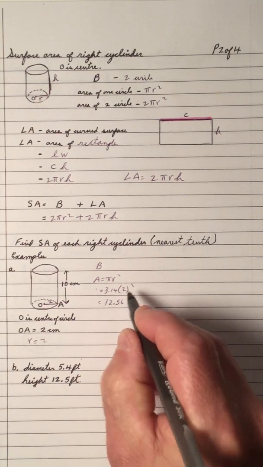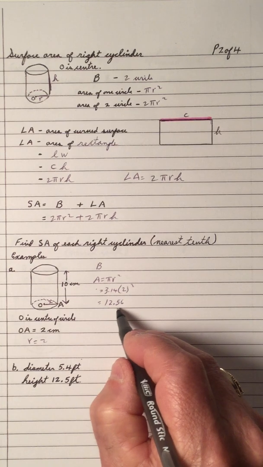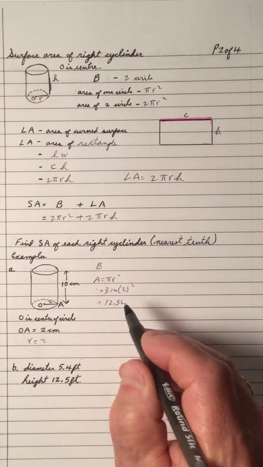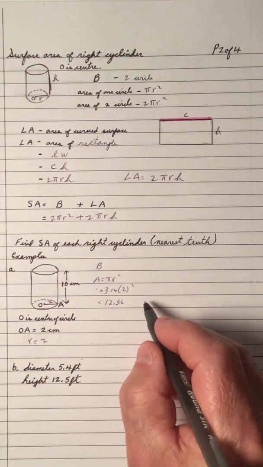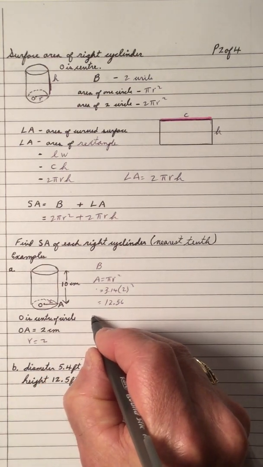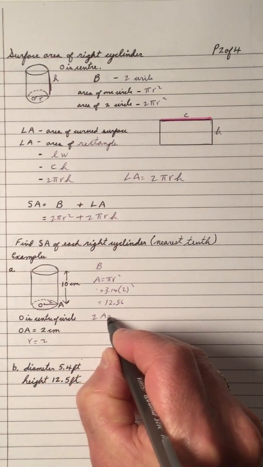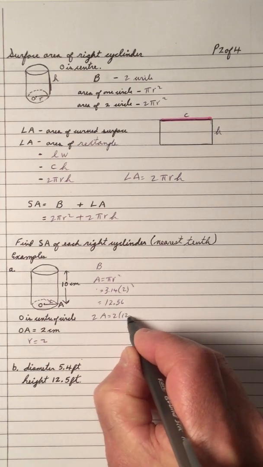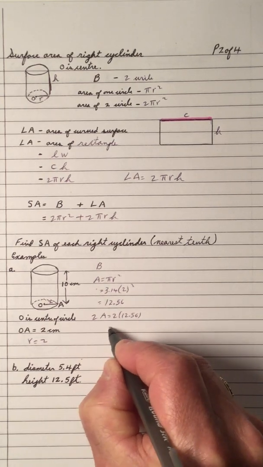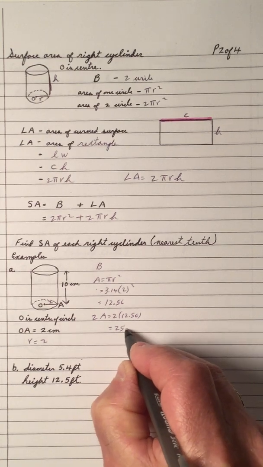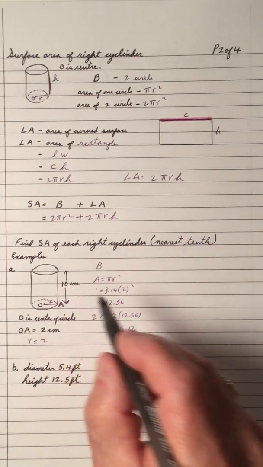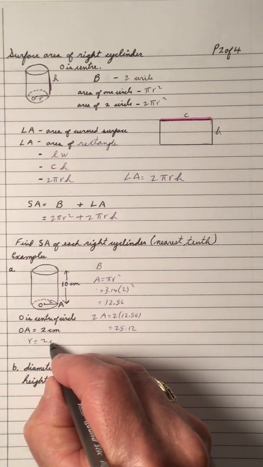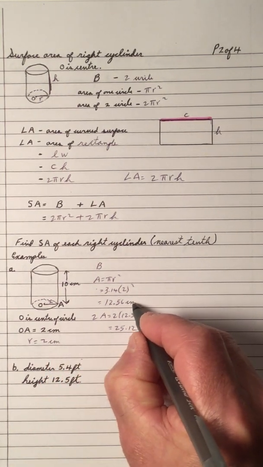At this point, I could round this off to the nearest tenth, but I'm going to wait till the end of the problem to round it off, not at the beginning. We have two circles, so we get twice the area, so twice 12.56 ends up to be 25.12. And again, the radius is in centimeters, but the area is in square centimeters.